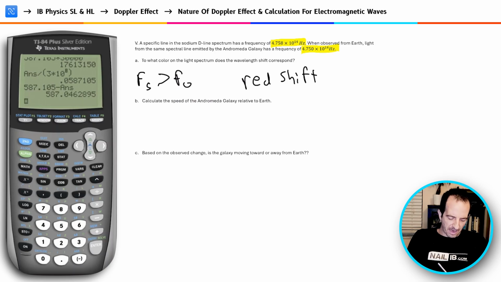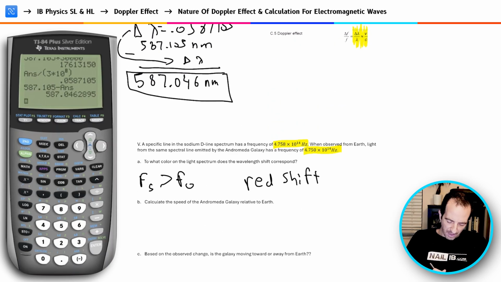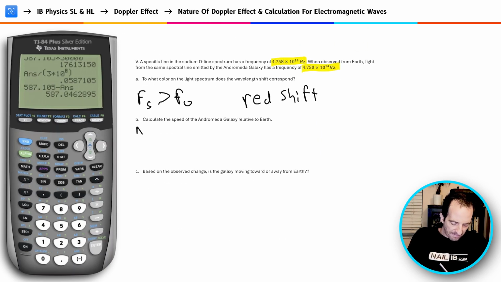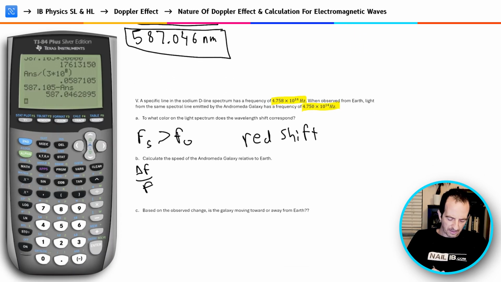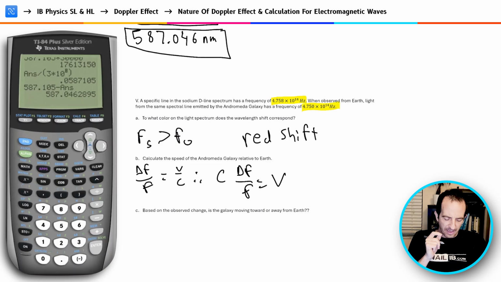Here we're going to use from above delta f, the change in frequency, over f is equal to v over c. That's given to you. Or c times delta f over f is equal to the velocity of the galaxy. Now we can just plug in the information that we have.